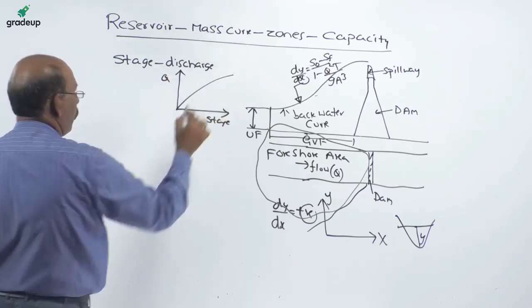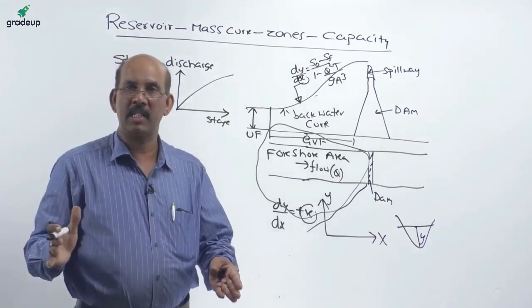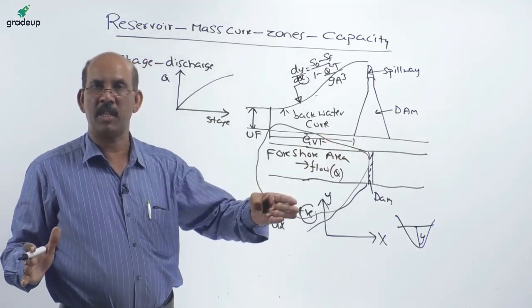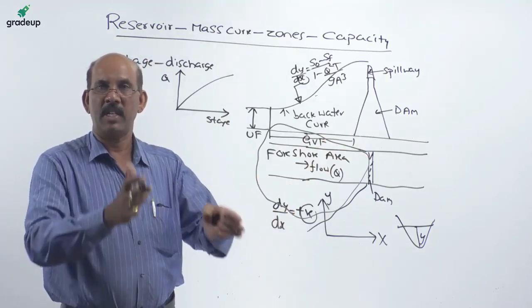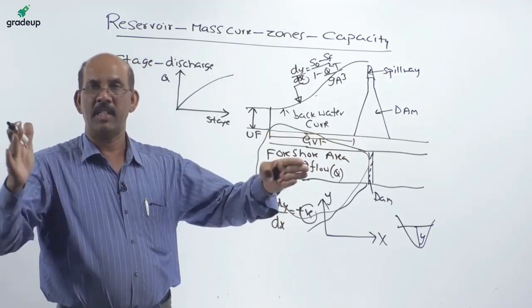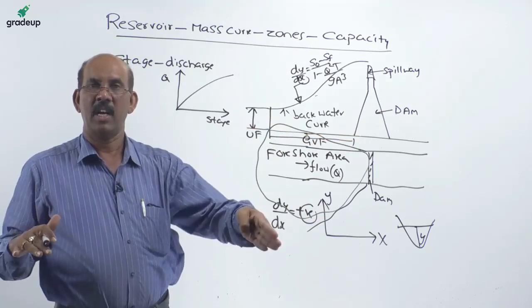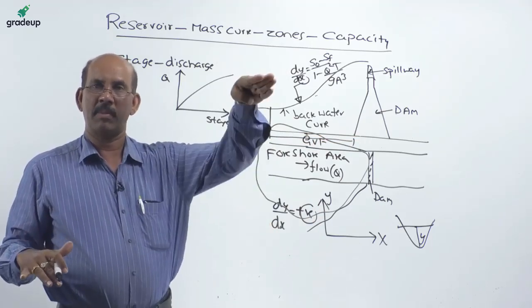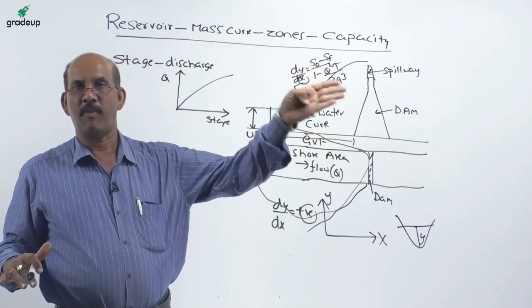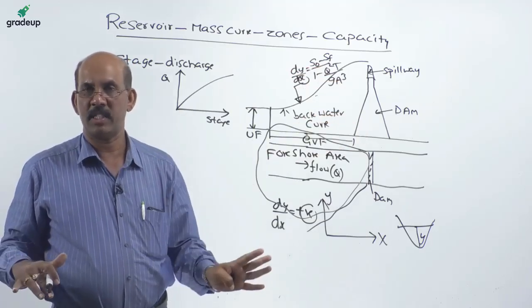From hydrological analysis, a stage discharge relationship has to be predicted, that is the relation between the discharge and stage, and this relation can be obtained at a control section, exactly the dam section. If this is the depth of water, this is the flow in the river. That is the stage discharge.